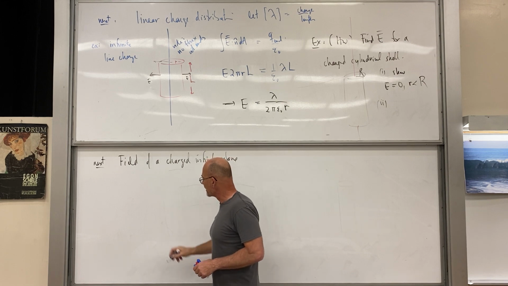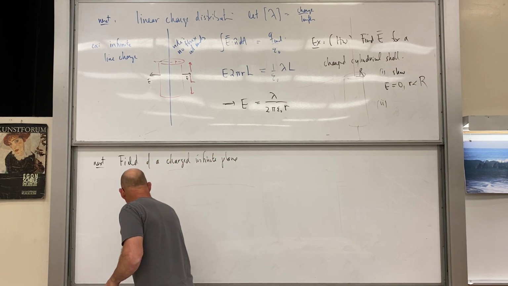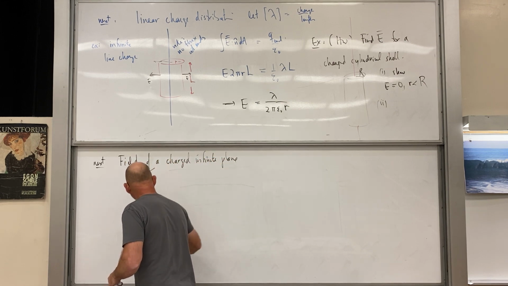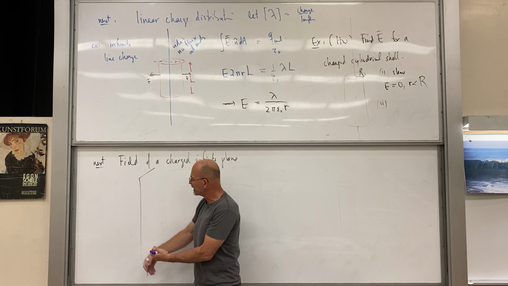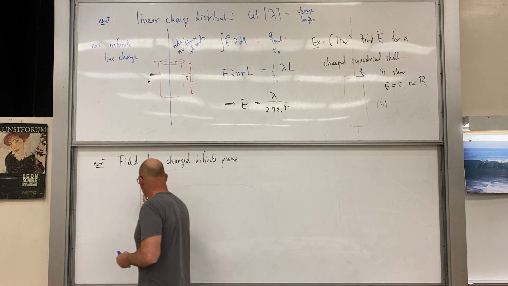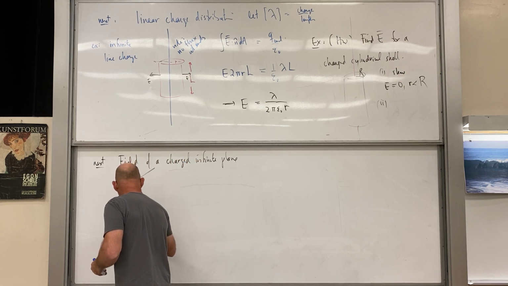So how are we going to draw that? Well, we'll lend it a little bit of perspective, but basically there's the right side and the left side of this infinite plane of charge. Just go ahead and say it has a bunch of positive charge on it.